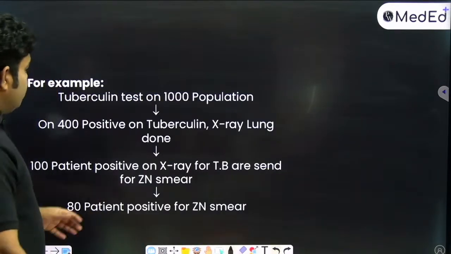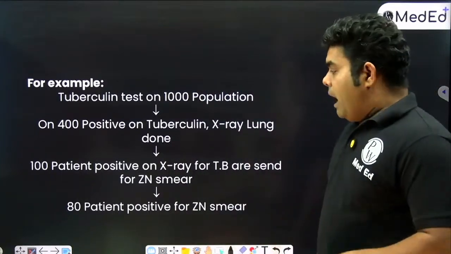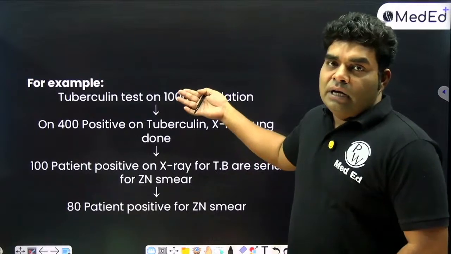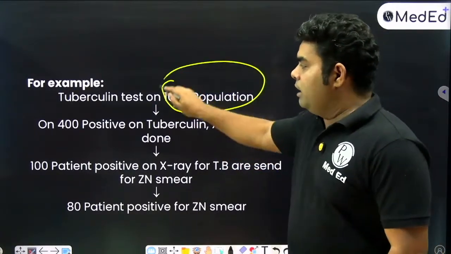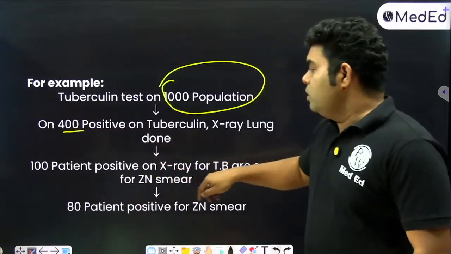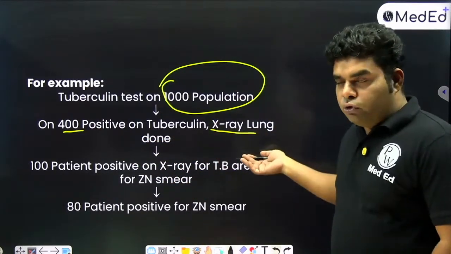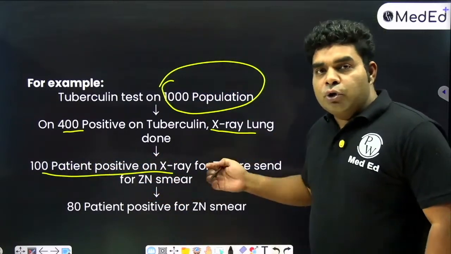Suppose you want to know how many people who are coming positive for tuberculosis actually have the symptoms and all those things. So you can do tuberculin on 1,000 people. Out of 1,000, 400 came positive. On that 400, you do X-ray lung. And out of the 400 whose X-ray lung was done, 100 came positive on X-ray. So you did 100 patient X-ray.